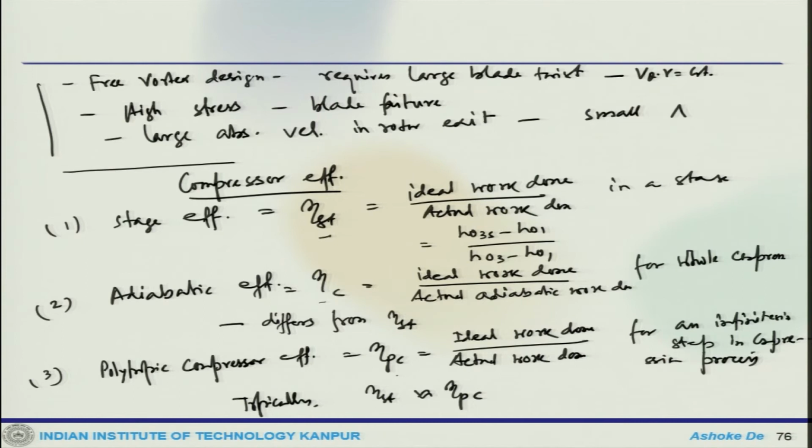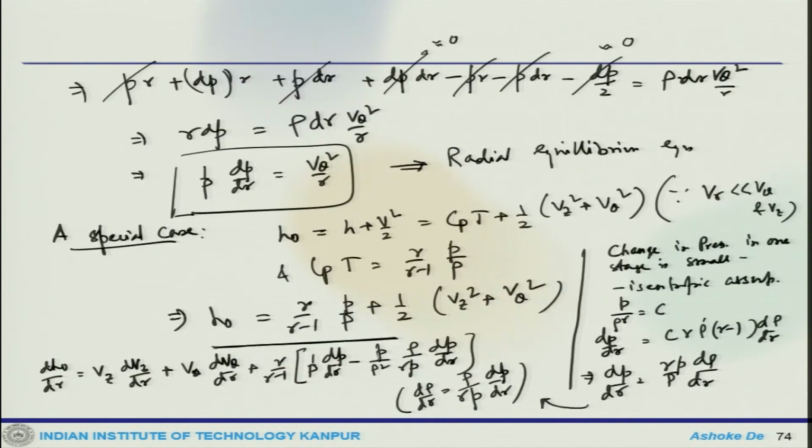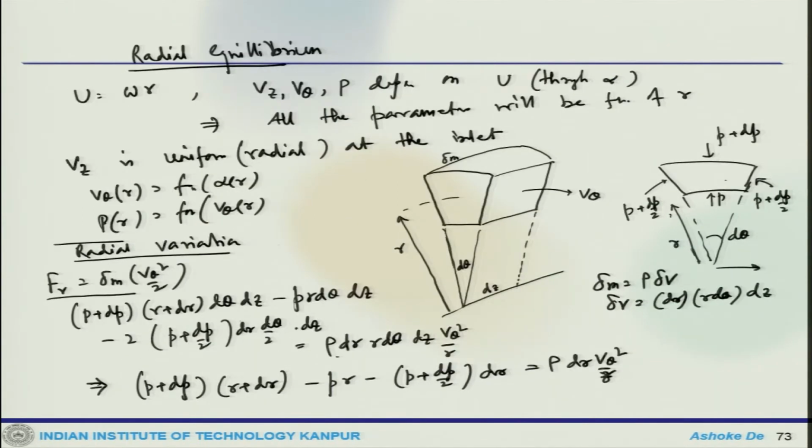So, if you recall that dH naught by dr is 0, from the radial equilibrium theory, we can put that back and write the Vz in terms of r.